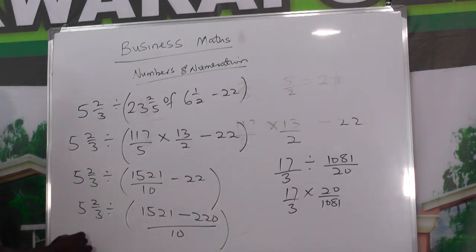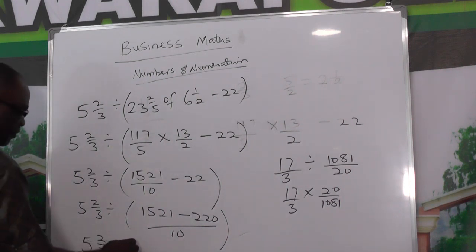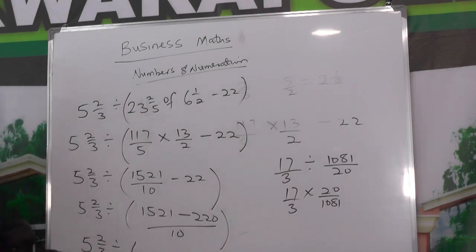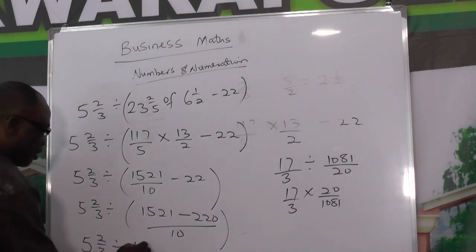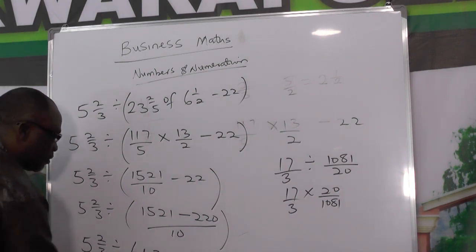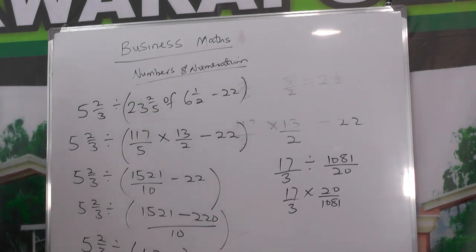Now, that gives me 5 whole number 2 over 3 divided by, I can now say 117 minus 220, and that gives me what? 1301 over 10. Now, it is now the turn of the expression outside the bracket.